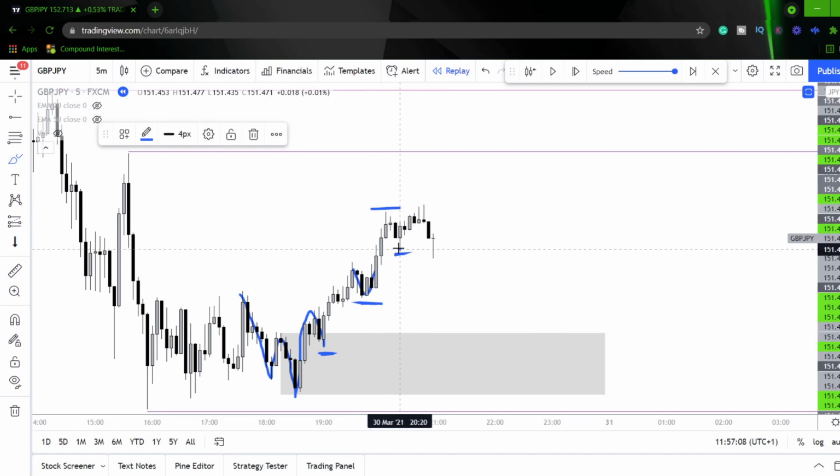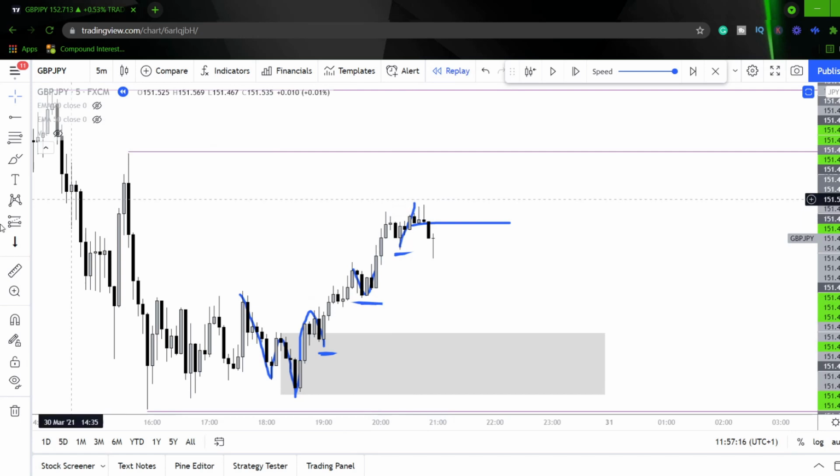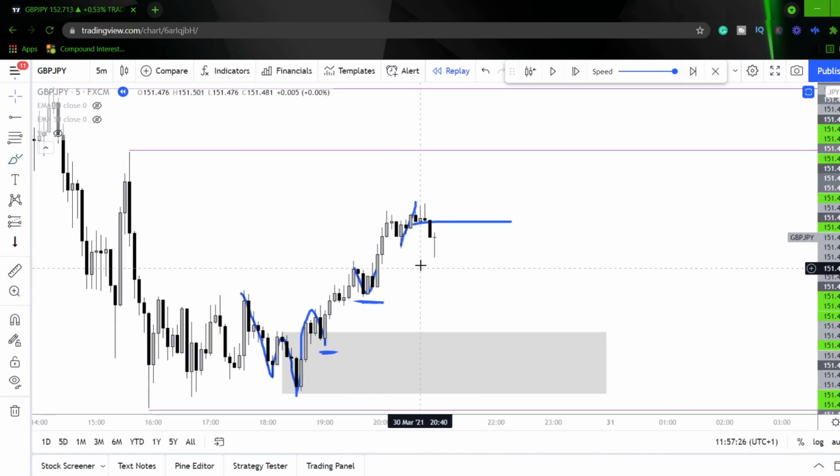What happens? We push up, we run the high side liquidity, we run the top side liquidity, okay? Once we've run the liquidity, we pull back down into the sell side liquidity and we run that as well. Okay, so again, we've got the buy to sell, right?